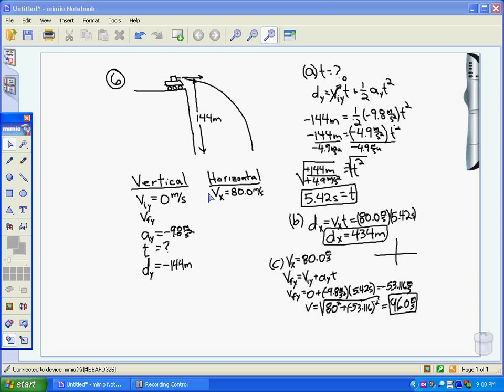So the angle for the resultant will be equal to the negative of inverse tangent of the y value, which is 53.1 over 80, or you get that the angle is equal to negative 33.6 degrees. So the overall final velocity is 96 meters per second at an angle of negative 33.6 degrees. Solving the problem.